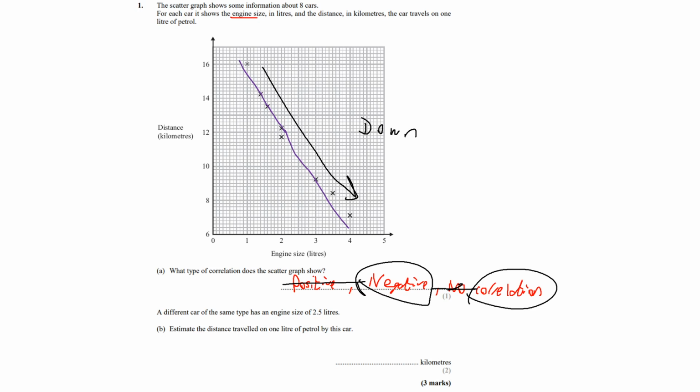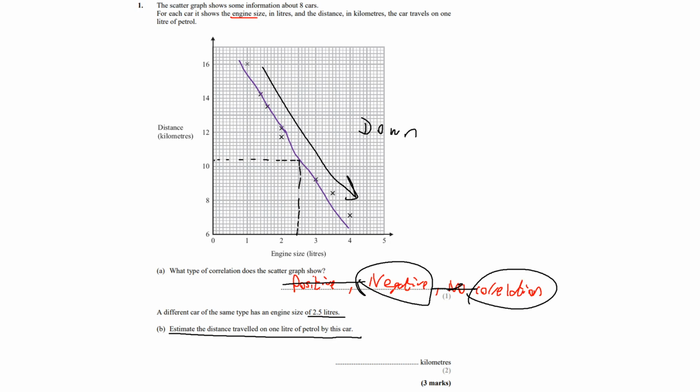Now, what we're going to do is estimate the distance travelled by 1 litre on a 2.5. What we're going to do is take a look at 2.5, okay? And we're going to see how much does it travel in 2.5 litres?